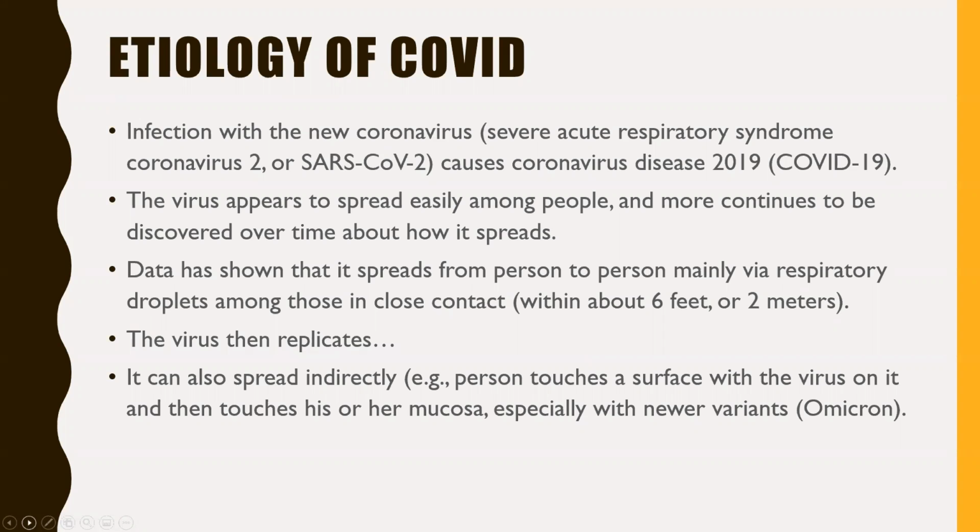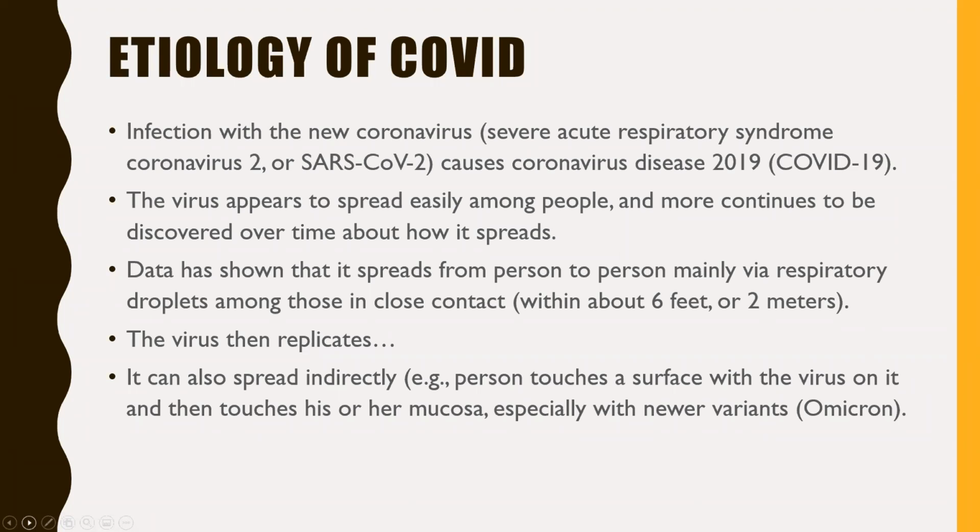And as these mutations occur and create these subvariants, as of this presentation in the middle of 2022, the direction of the mutations has been towards lower virulence, tends to make individuals less sick, but is much more communicable. So, spreads much more easily.